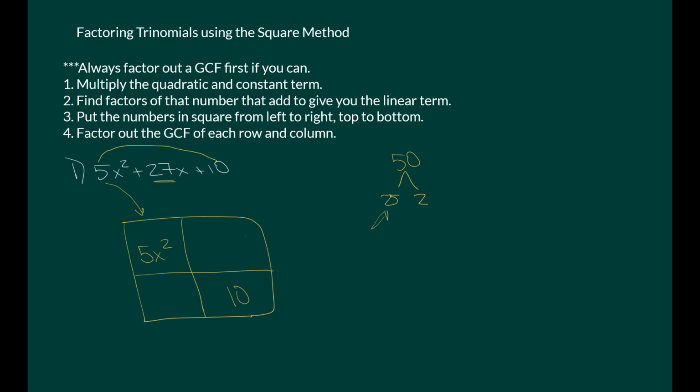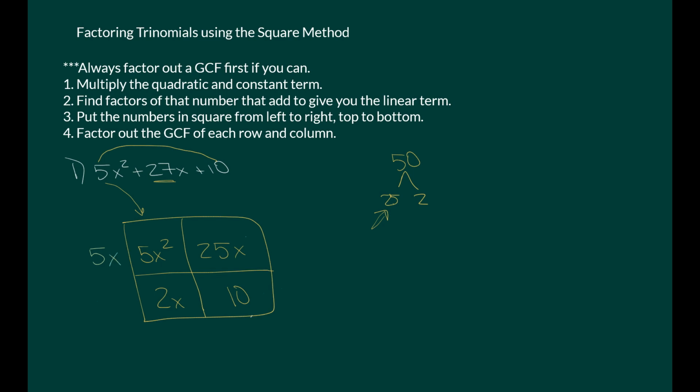Now I'm going to use these terms that we came up with, 25 and 2, and I'm going to put 25x and 2x in the other two squares. It doesn't matter which one you put where. If you put 2x first and 25x next, it doesn't matter. Then I'm going to factor out the GCF of every row and every column. So in the first row, I could take out a 5x.